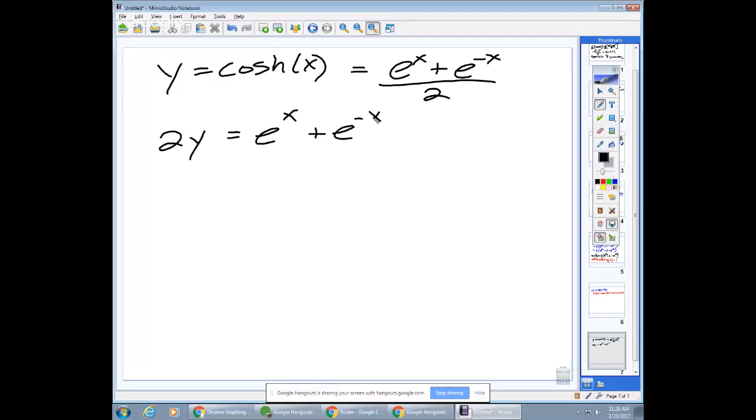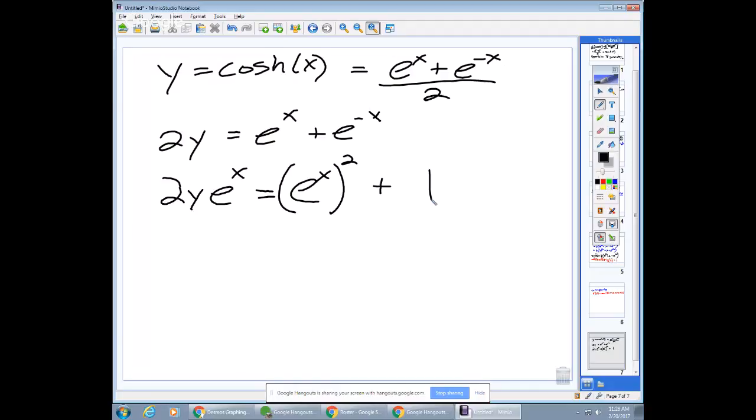If I do that, I'll get 2y e to the x on that side. Over here, I'll get e to the x times e to the x, which I'm going to write as e to the x squared for a moment. I realize we could write it as e to the 2x, but just bear with me. And then if I take e to the x times e to the negative x, what do I always get? Lovely number 1. And then I'm going to bring everything to one side.